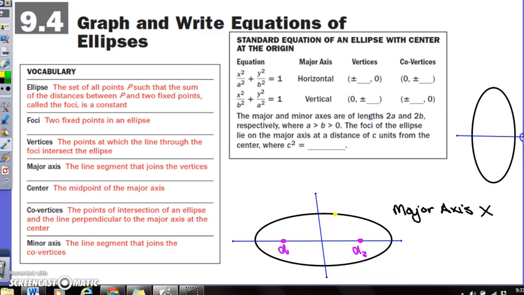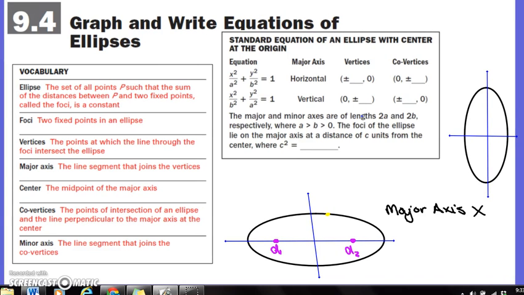So an x-axis, a y-axis, and again you have your foci, which would be like here. But here, your major axis is the y-axis because it's bigger on the y-axis.